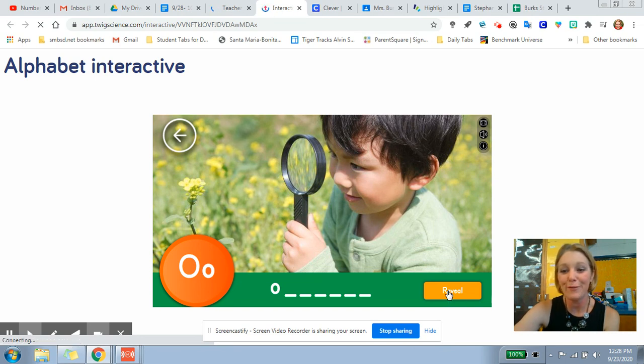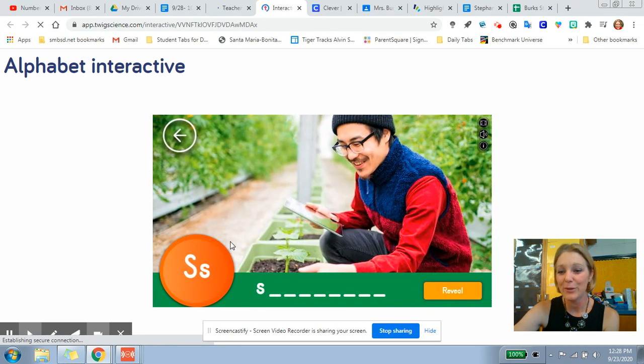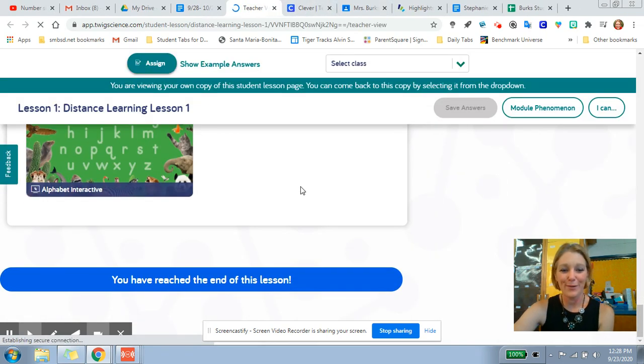When you push reveal, it shows you the word again, observe. We also have learned the letter S. Do you remember that man? He's a scientist. So you can take some time going through the alphabet and revealing the different pictures that start with each letter. Okay? And that's your science lesson for the day.